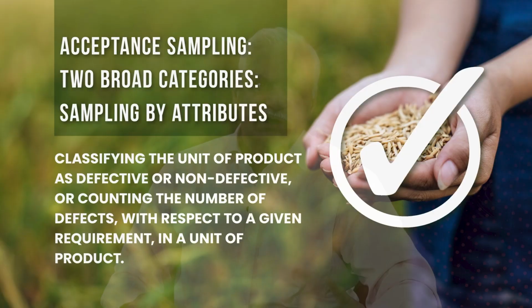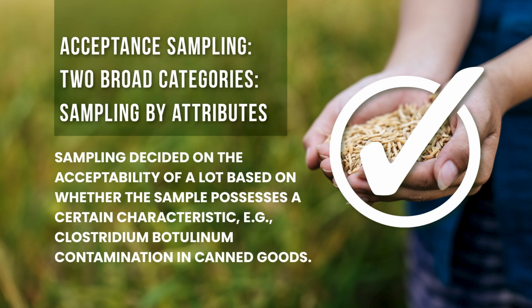So there will be defects, but we have to make sure that the defect is not fatal. If it is a fatal defect, then it has to be a zero defect sample. So acceptability of a lot is decided based on whether the sample possesses certain characteristics. जैसे मान लीजिए हमको Clostridium botulinum चेक करना है, contamination है कि नहीं है in canned foods.